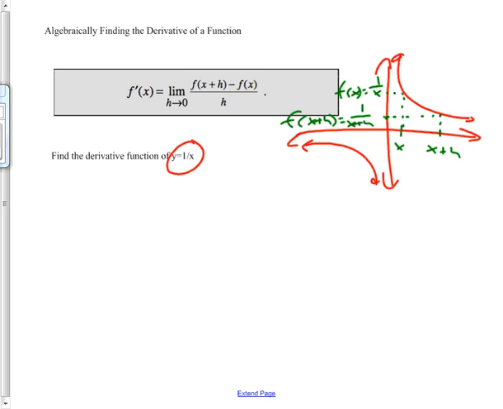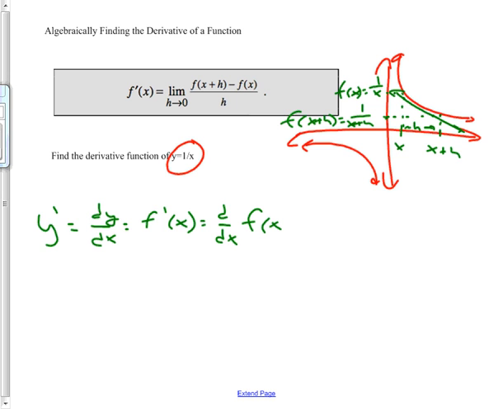And the instantaneous rate of change between them, if we draw a slope, and let this distance h get close to 0, the derivative, which is y prime, or dy dx, or f prime of x, or d dx of f of x. So all of these are simply different ways of writing the derivative function.